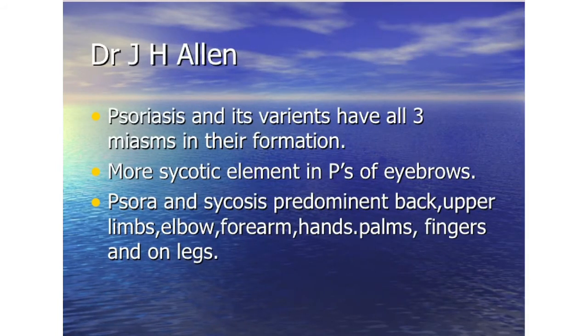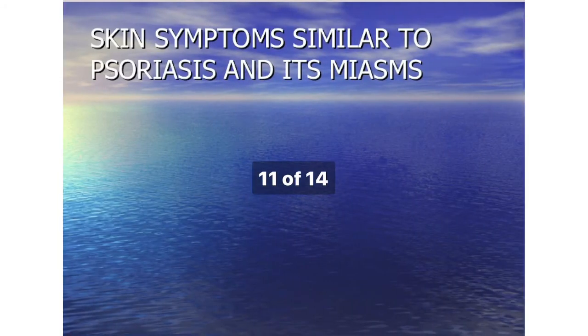Next, Dr. J.H. Allen says psoriasis and its variants have all three miasms in their formation. There is more sycotic element in psoriasis of the eyebrows, while psora and sycosis predominate on the back, upper limb, elbow, forearm, hands, palms, fingers and legs.